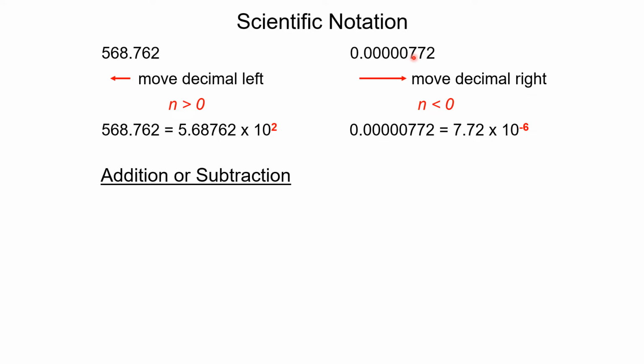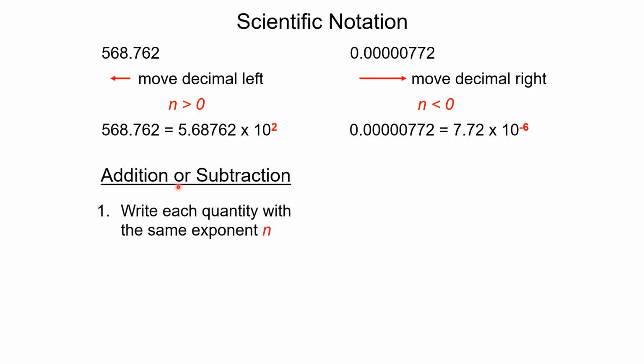Addition and subtraction. Proper scientific notation says one non-zero number to the left of the decimal. But for addition and subtraction, we need to get it out of proper scientific notation sometimes in order to have the same power.